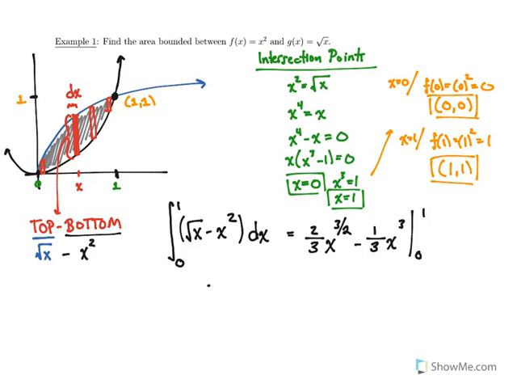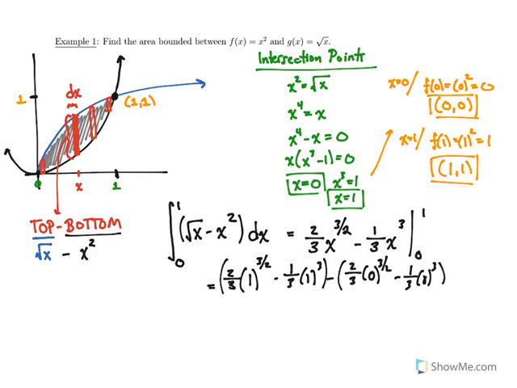Plug in 1, plug in 0. This will give us 2/3 times 1 to the 3/2 minus 2/3 minus 1/3, or 1/3. And since we're talking about area, we should have units squared.